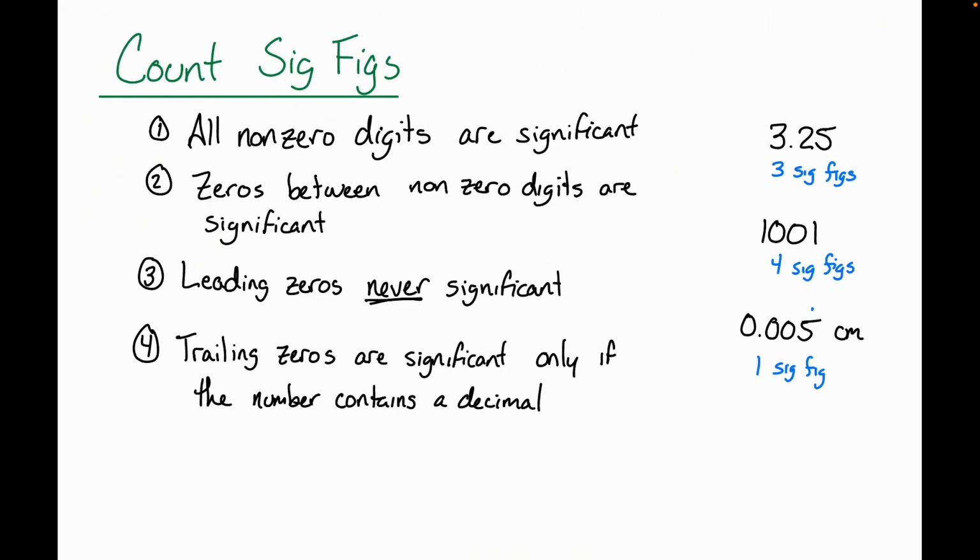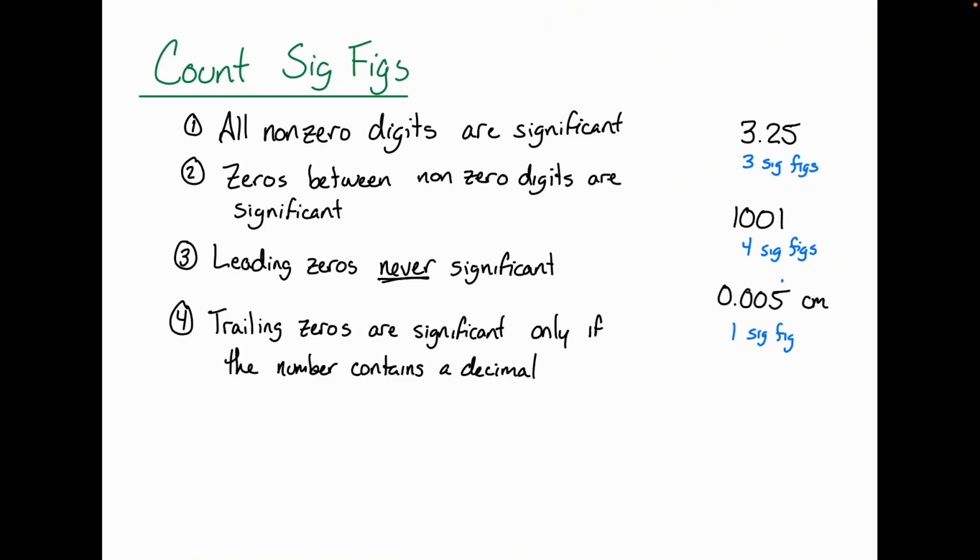So let's just do a few examples here because this is sort of the more complicated of all the rules. All right, so in our 4.00 that we were talking about, how many sig figs do we see here? 3, because all those zeros are going to count for me because there's a decimal in that number, right?